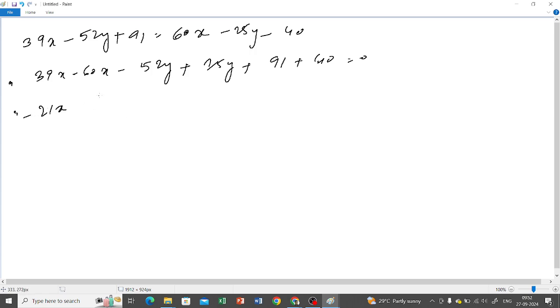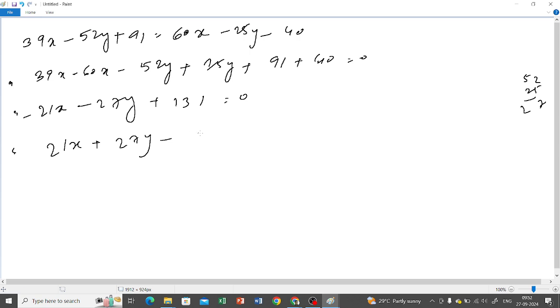Minus 21x minus 27y. Okay, so this is one equation.